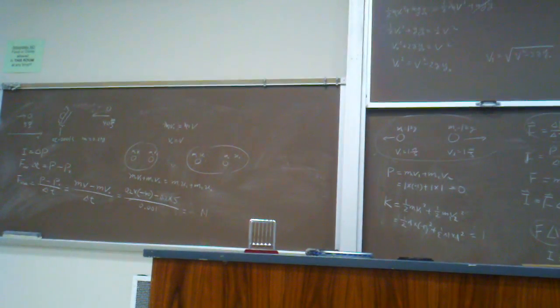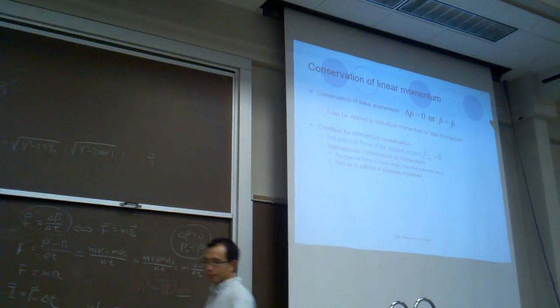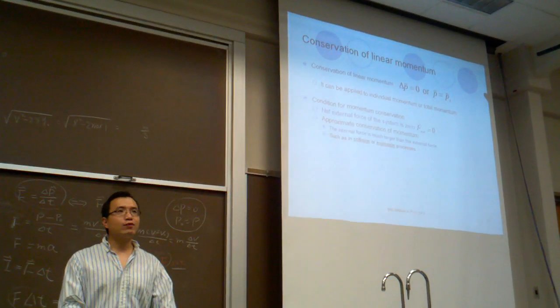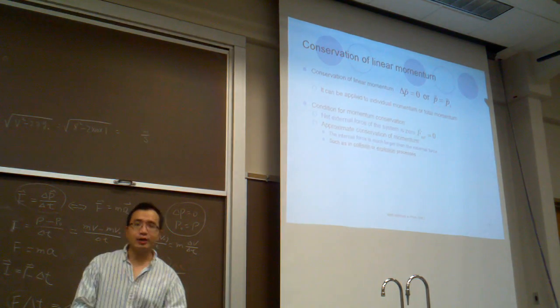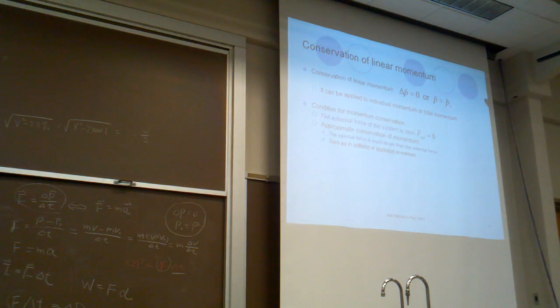But of course, just as with mechanical energy conservation, we have to know under what conditions we can apply momentum conservation. So when is the momentum conserved and when is it not conserved?